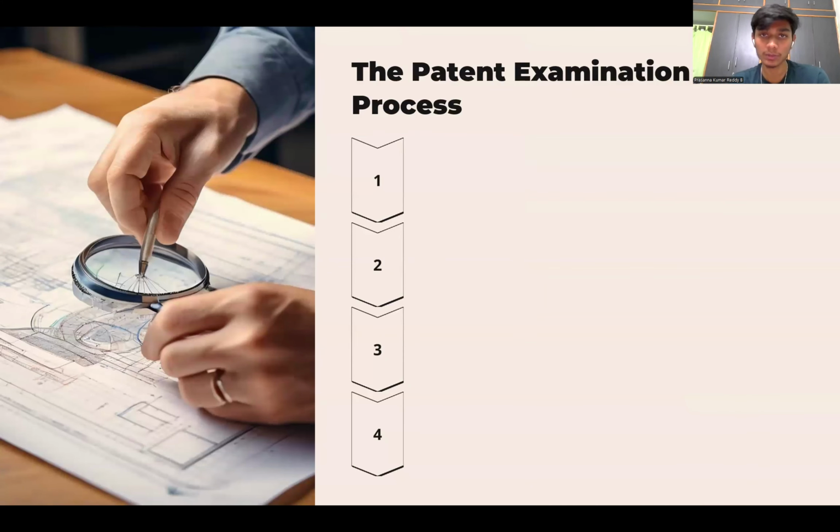In the patent examination process, there is the patent examiner review, where the examiner reviews the application for patentability.